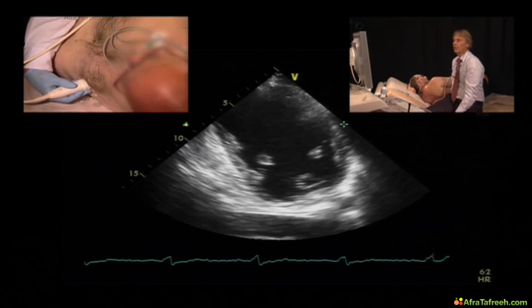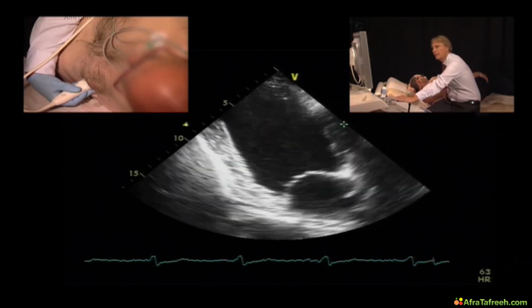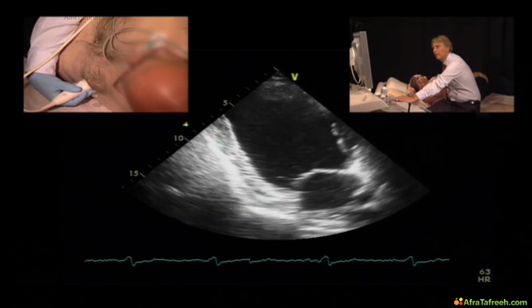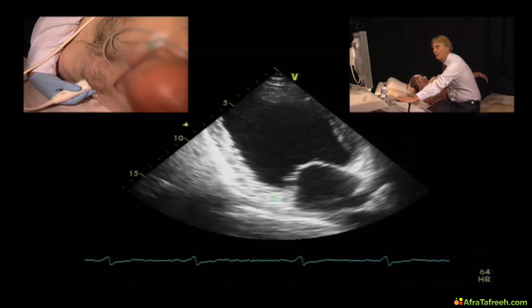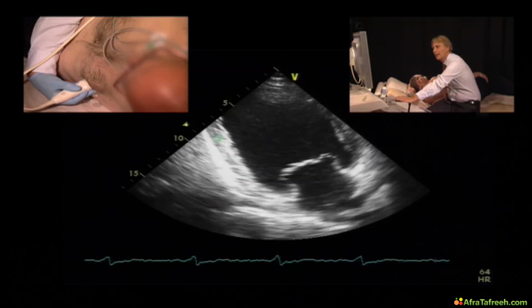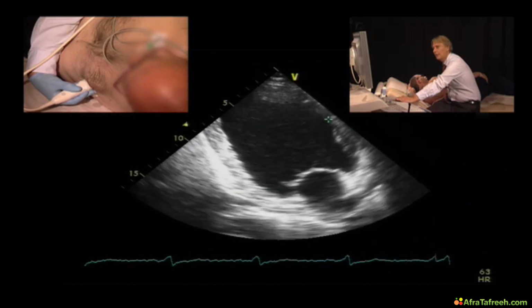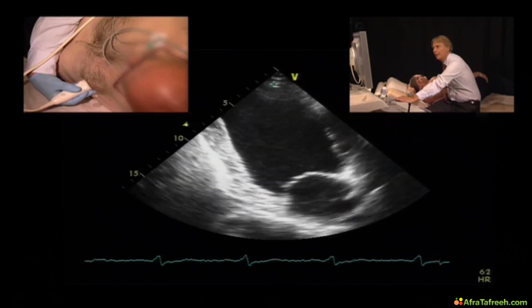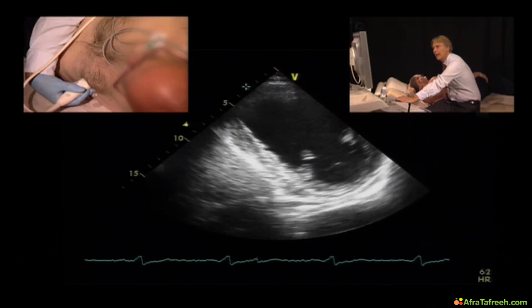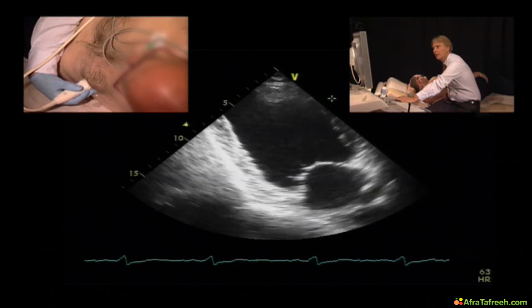We can also look at the two-chamber view, and this shows a very similar picture, with remaining wall thickness of the inferior wall, even though it is hypokinetic as well, severely hyperkinetic. We have a better contractile function of the basal anterior wall, and we have akinesis of the entire apex and distal and probably mid anterior wall.